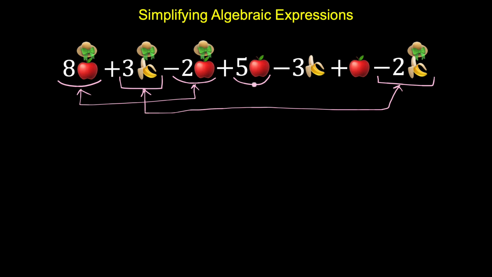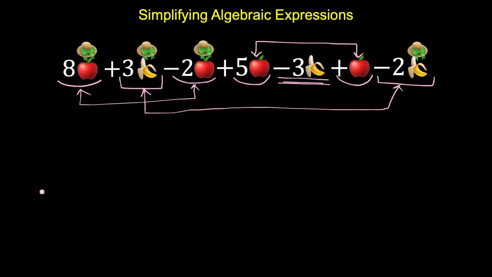So for 5 apples, we need another term including apples, and here we go. So both terms are like terms. And here we have -3 bananas, and as you can see, we don't have any other terms including banana, so we need to keep it as it is.